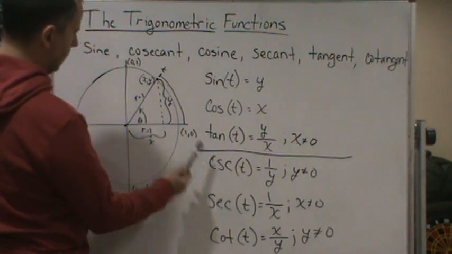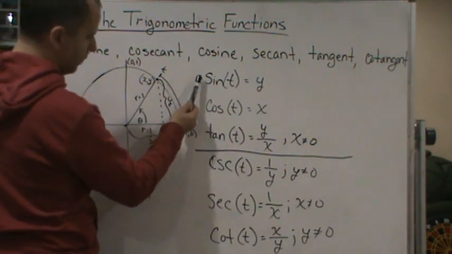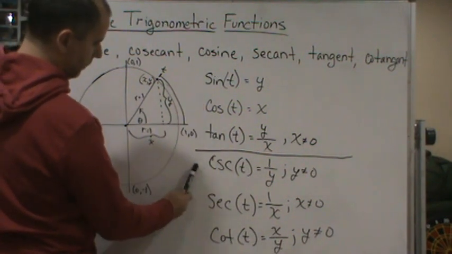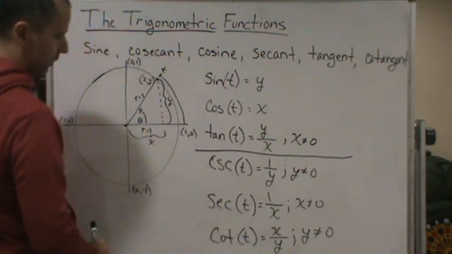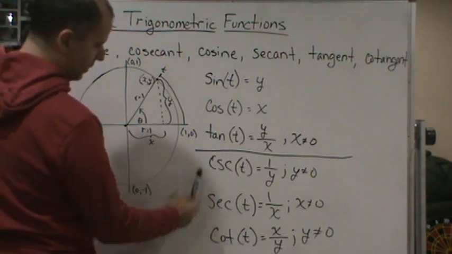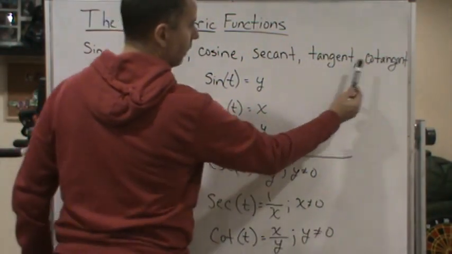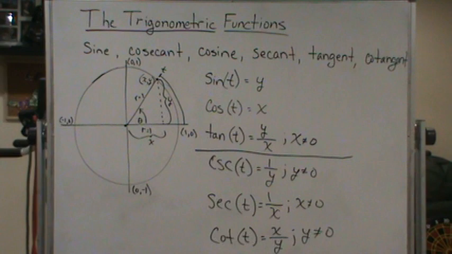Sine and cosecant, these two, are reciprocals. Cosine and secant are reciprocals of each other. And tangent and cotangent are reciprocals of each other.